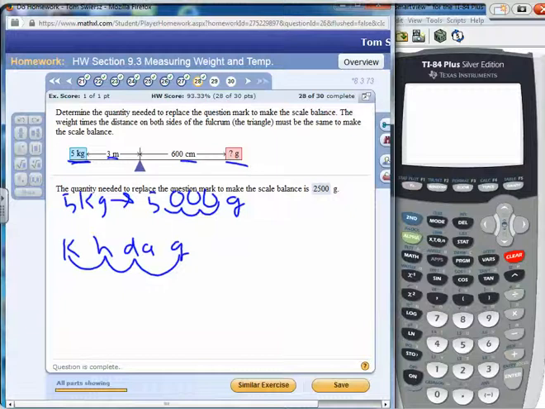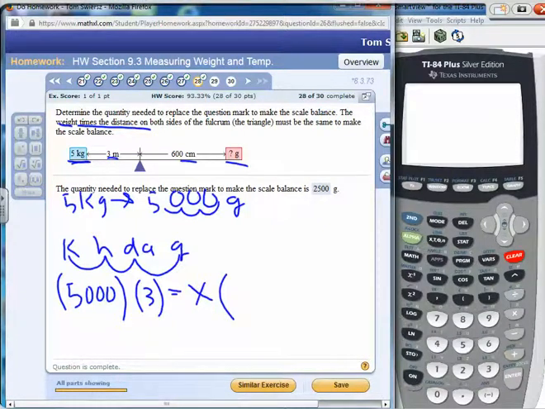So then 5,000 grams times 3 meters is the product of the weight and the distance on this side. Okay. This side, the grams we don't know is x, and the number of meters, okay, but this is centimeters. So again, centimeters, decimeters, and then meters by itself, 2 jumps to the right.